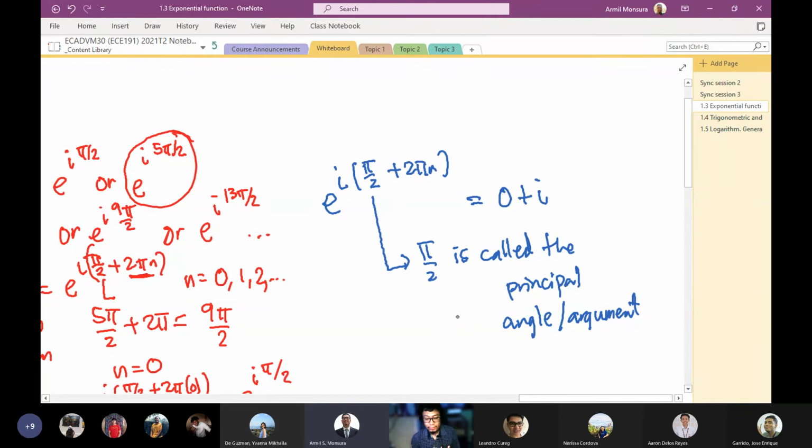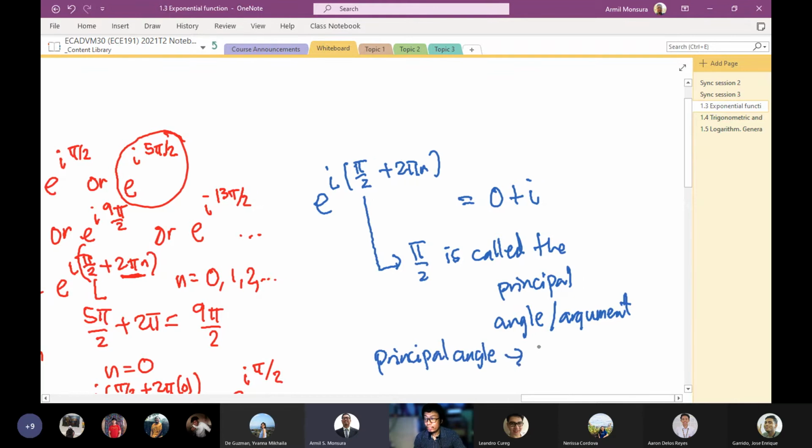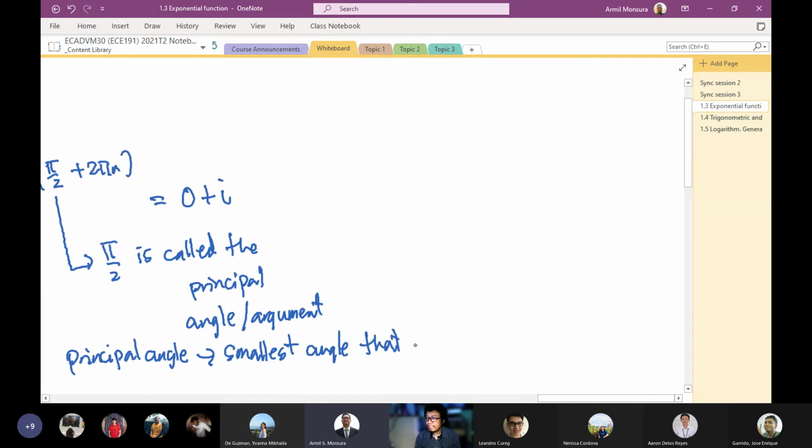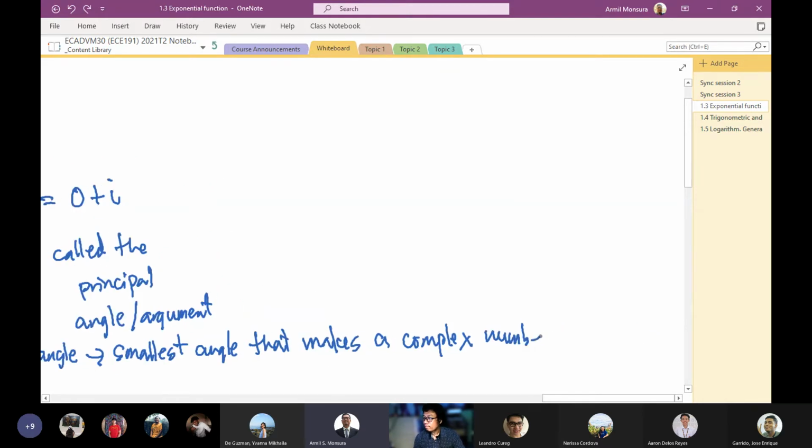When you say principal angle or principal argument, it means the smallest angle that makes a complex number unique.